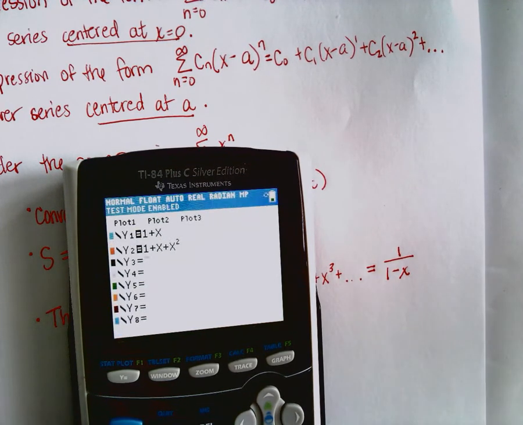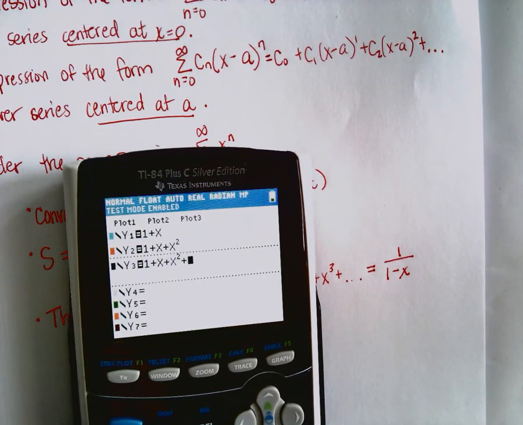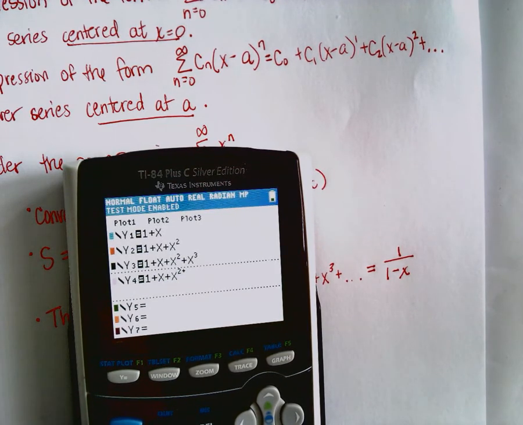In y3, I'm going to put 1 plus x plus x squared plus x to the third. And then in y4, I'm going to go all the way up to x to the fourth: 1 plus x plus x squared plus x to the third plus x to the fourth.